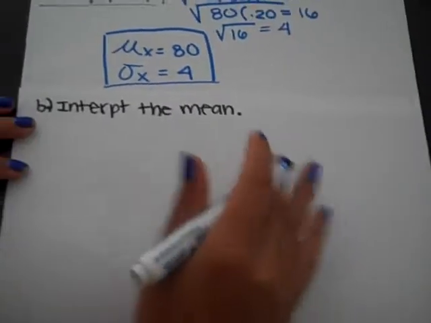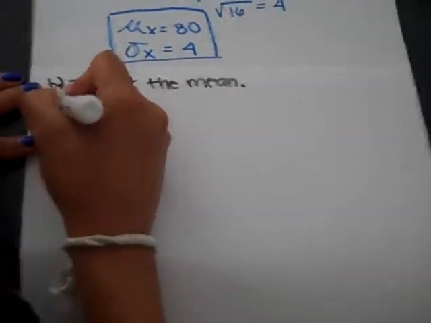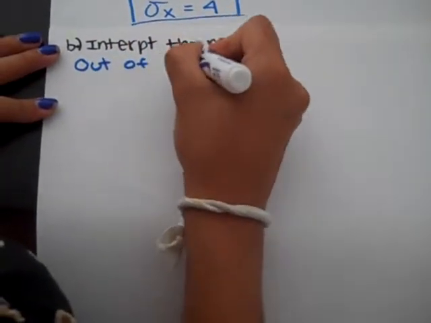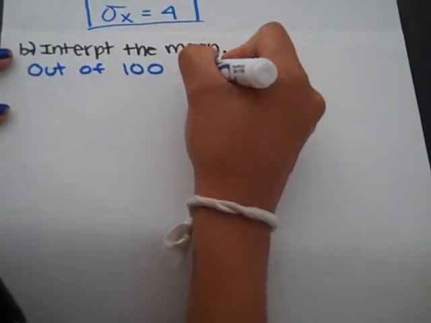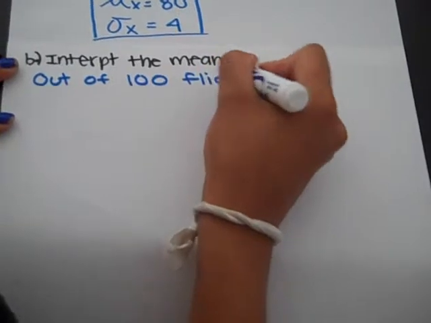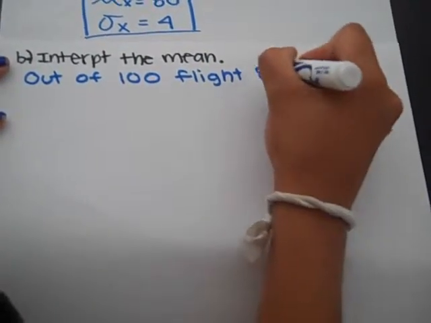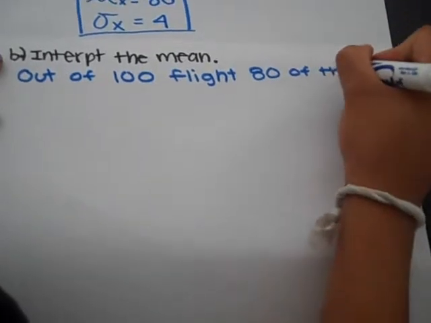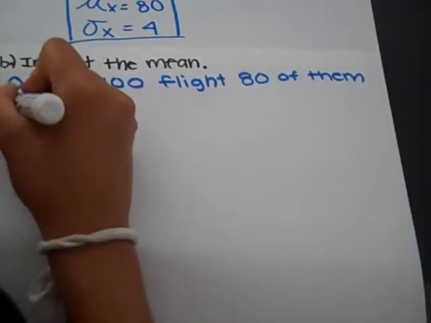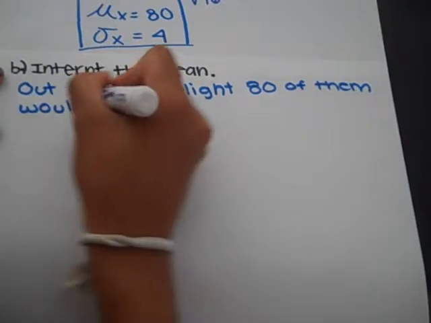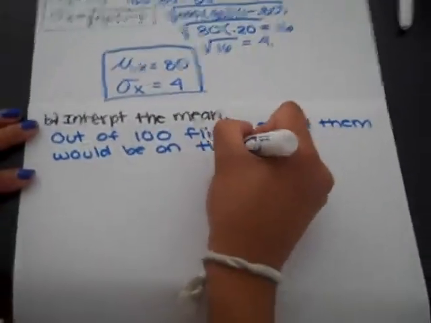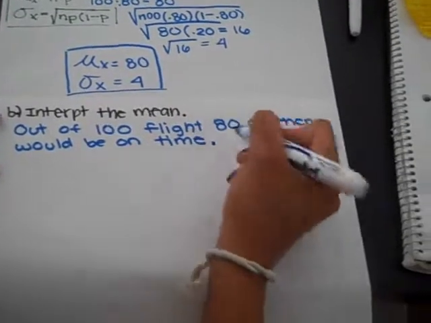So, out of 100 flights, 80 of them would be on time. Period.